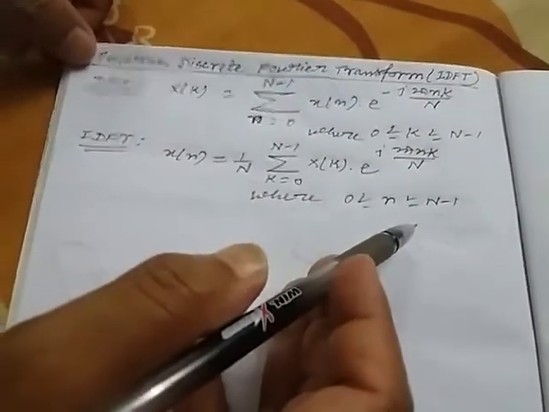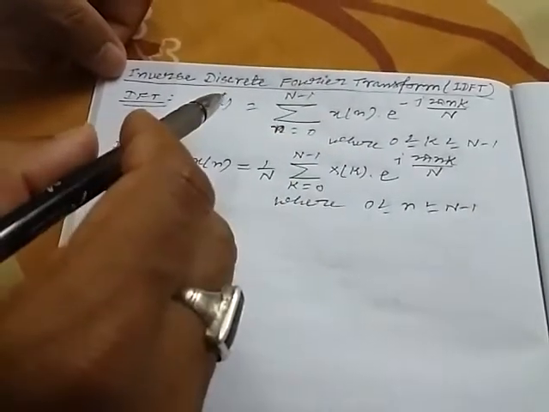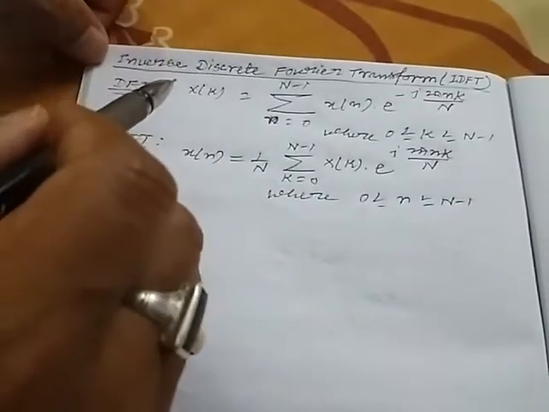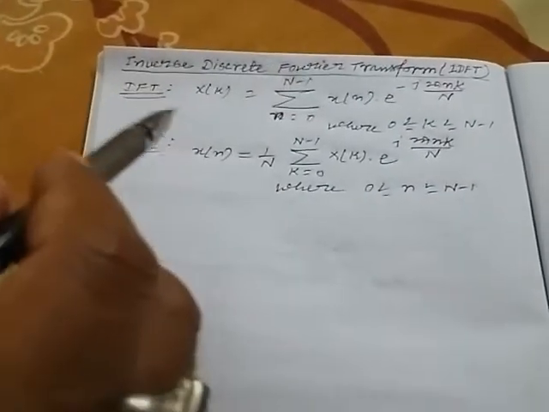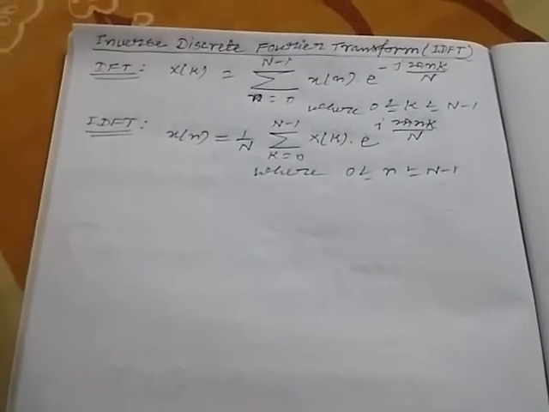Now what is capital N? For an N point DFT, it is the length of the sequence.